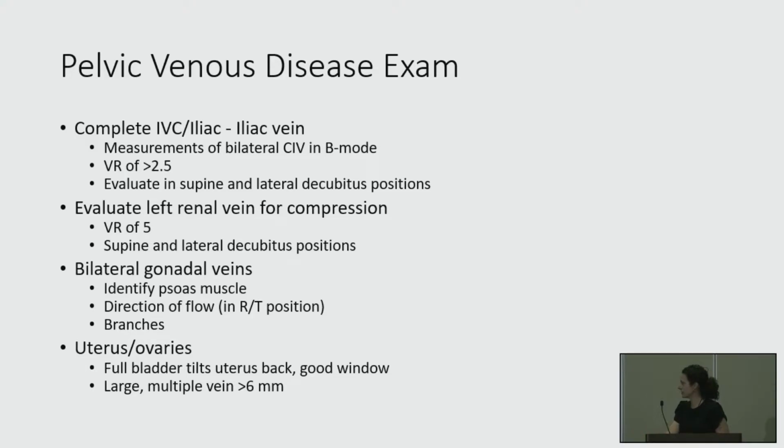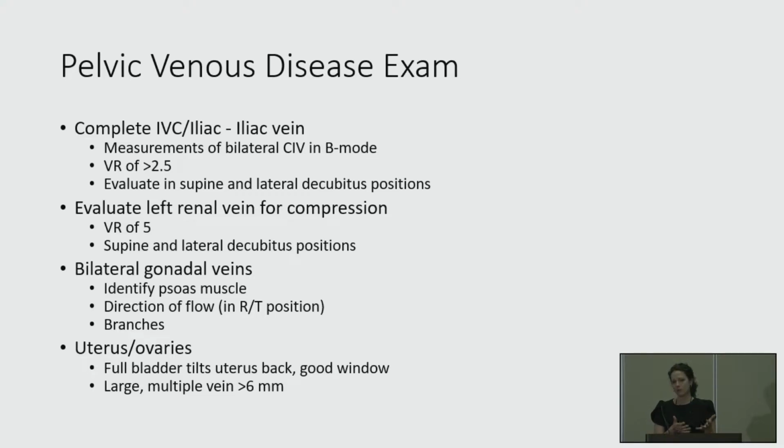Look for the psoas muscle. That is huge when it comes to identifying the gonadal veins. The psoas muscle is obviously a very fixed structure, so you can see it, and it has a muscle striation. It's key to being able to identify the gonadal veins, and then having these patients in reverse Trendelenburg. So you want as much blood engorged into these veins as possible.